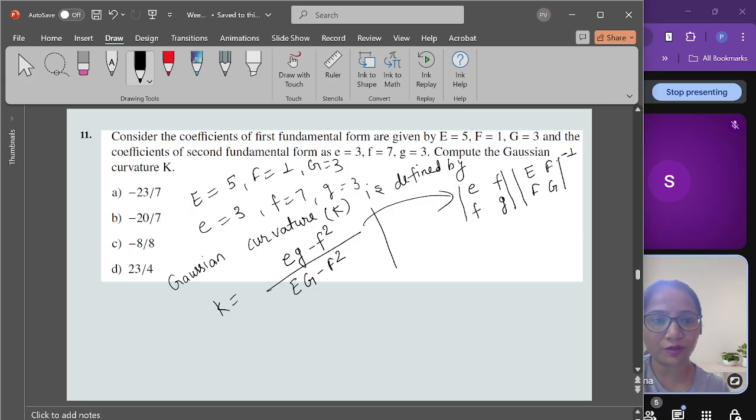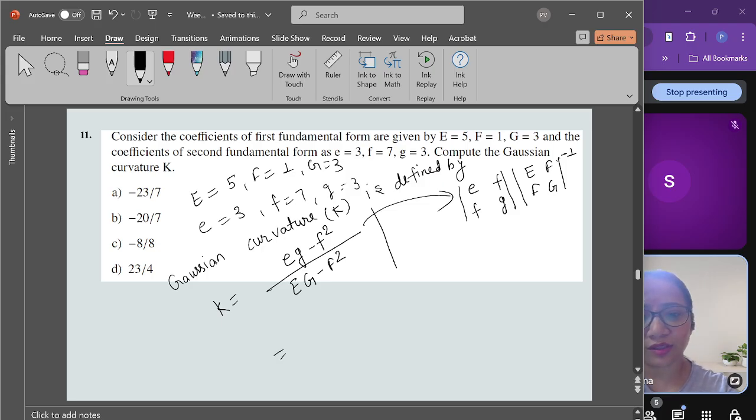Otherwise, you can directly take the determinant of that matrix, and since it is an inverse, it comes to the denominator. So have you understood this? All values are given. We need to put them in and find the value of the Gaussian curvature.